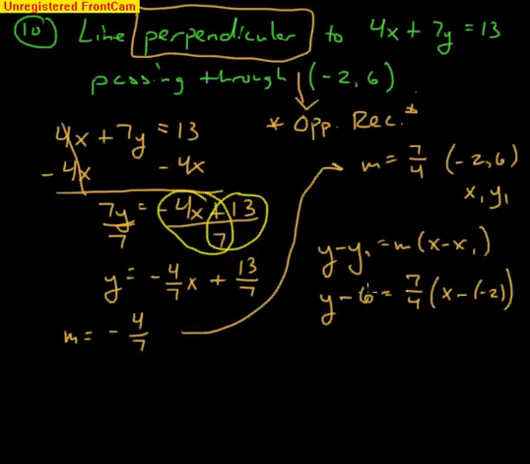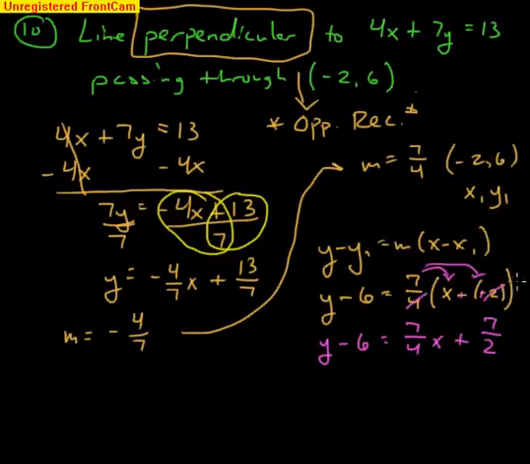And now we simplify. Let's change the minus minus to a plus plus and distribute the 7/4. y minus 6 equals 7/4 times x. And now 7/4 times 2 is actually going to simplify to positive 7/2.